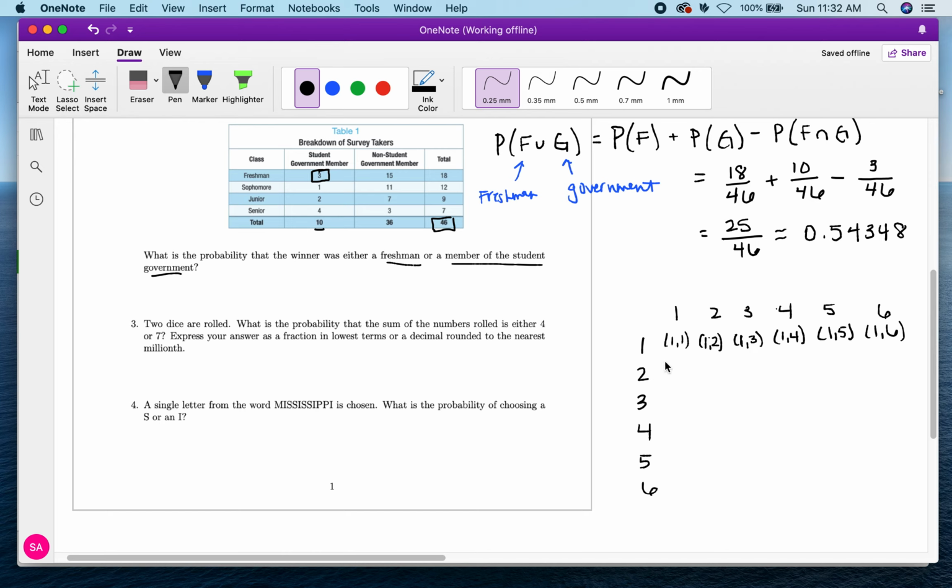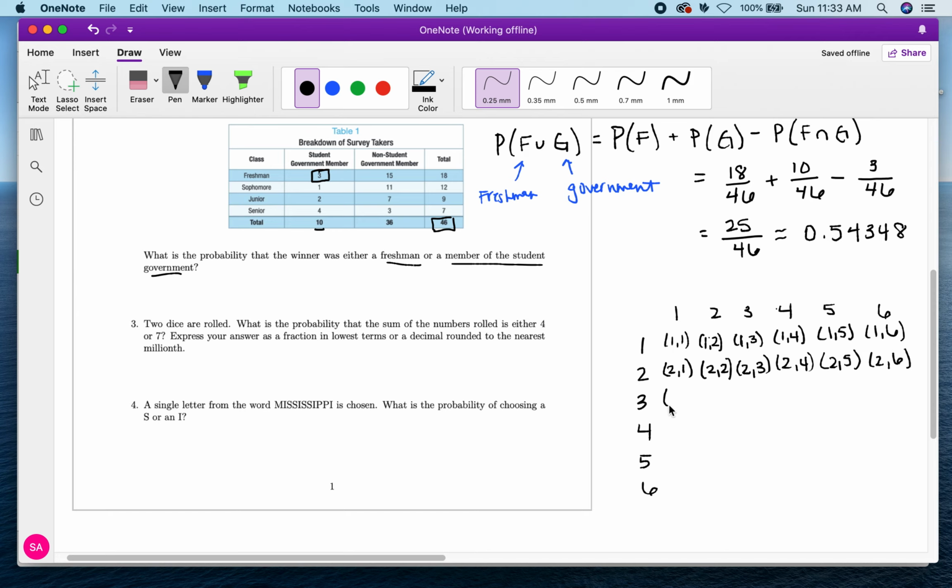So if I go to the second row here, I could roll a 2 and then a 1, a 2 and a 2, a 2 and a 3, so on and so forth. Now I'm going to start going down this first column.